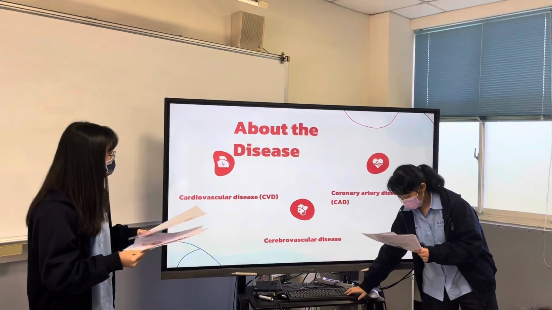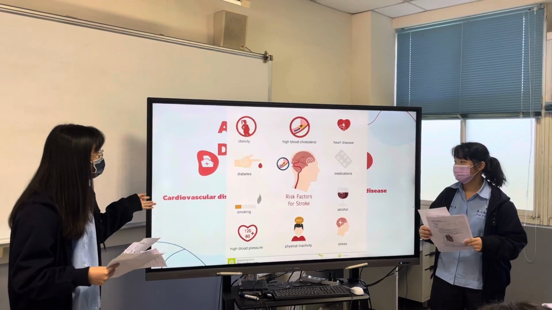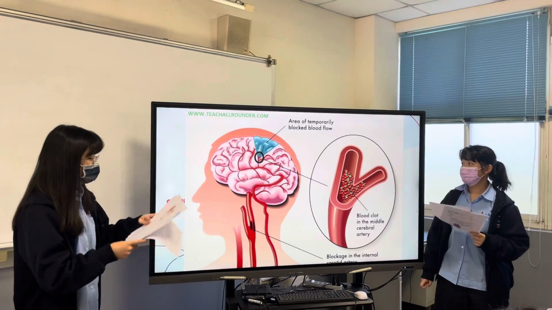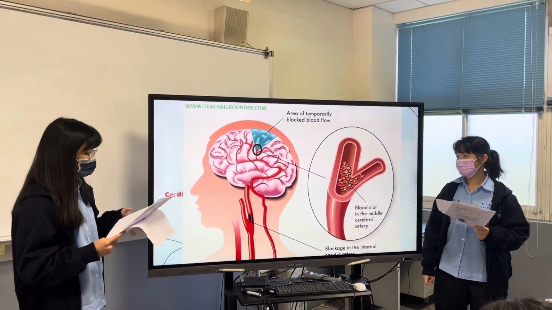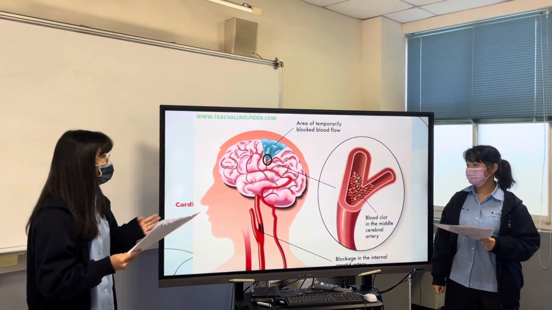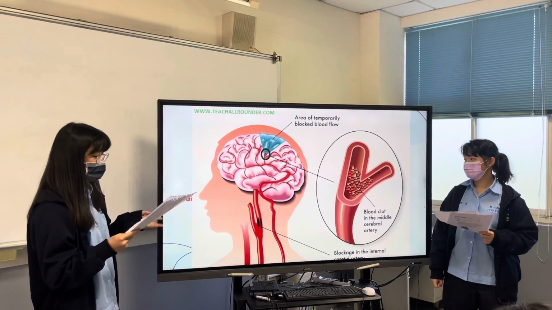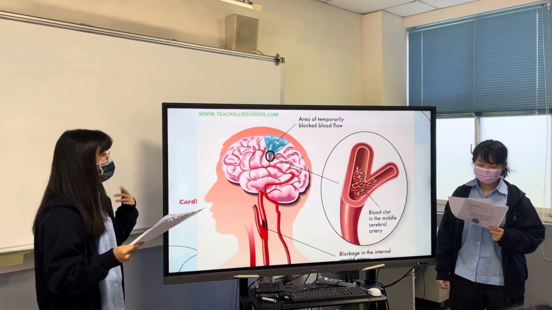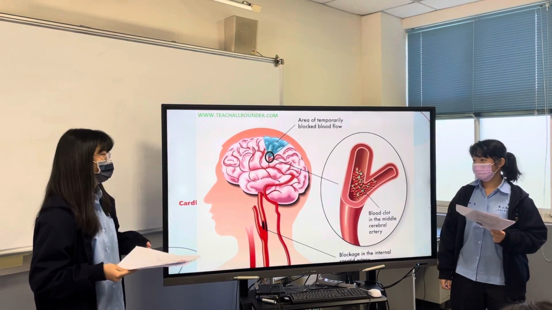And there are some symptoms of cerebrovascular disease, such as a severe and sudden headache, paralysis of one side of the body, confusion, difficulty communicating, loss of balance, losing vision, and so on.